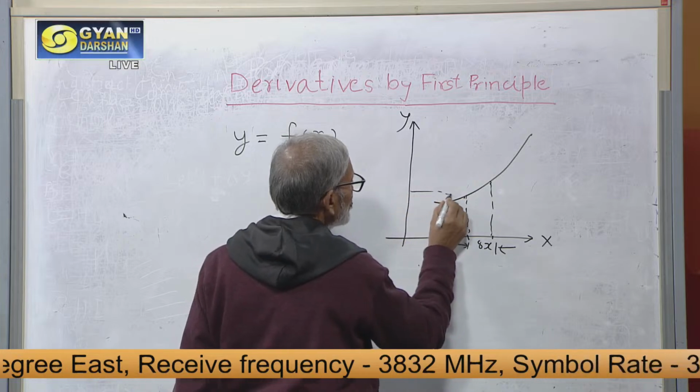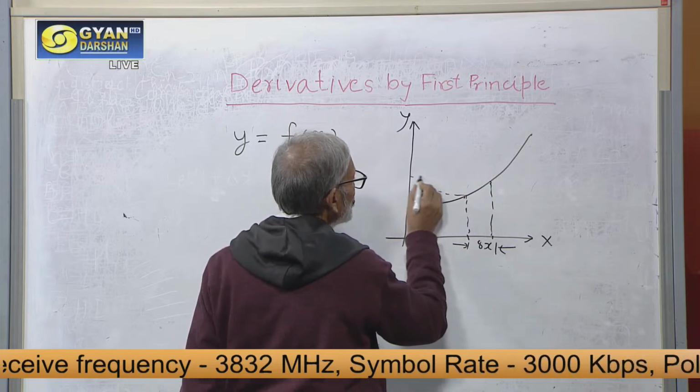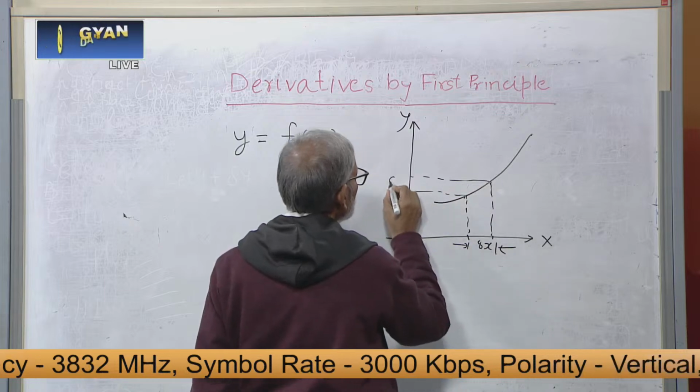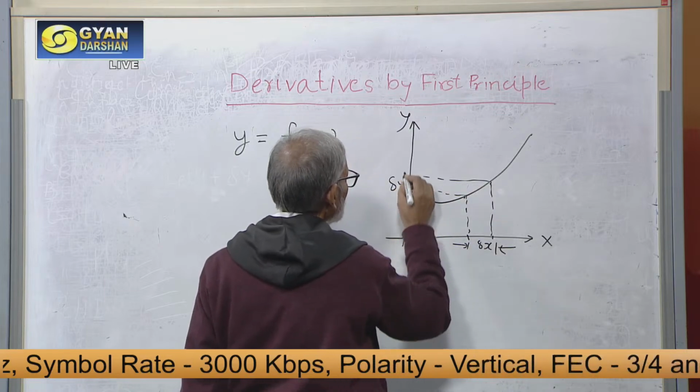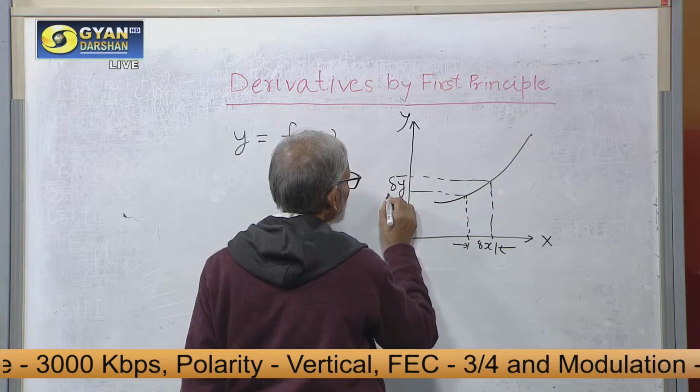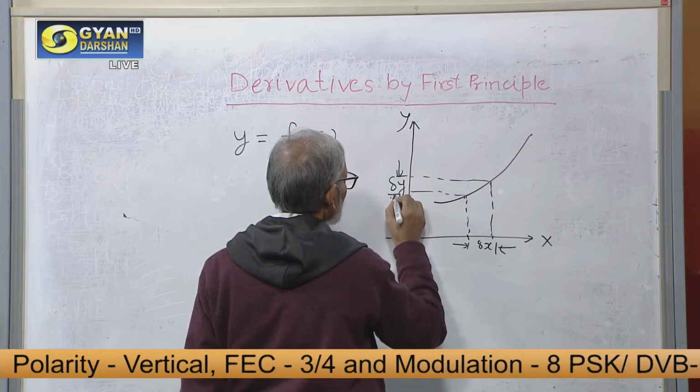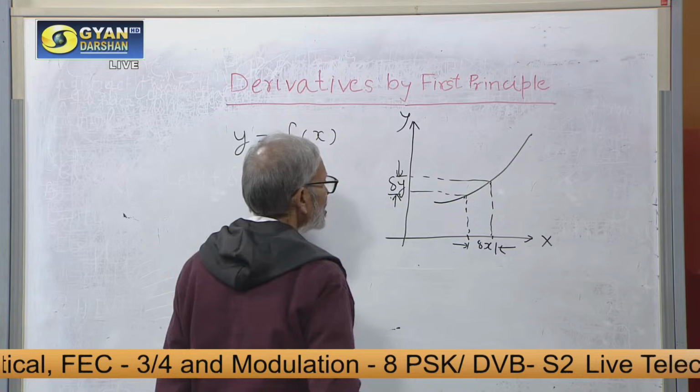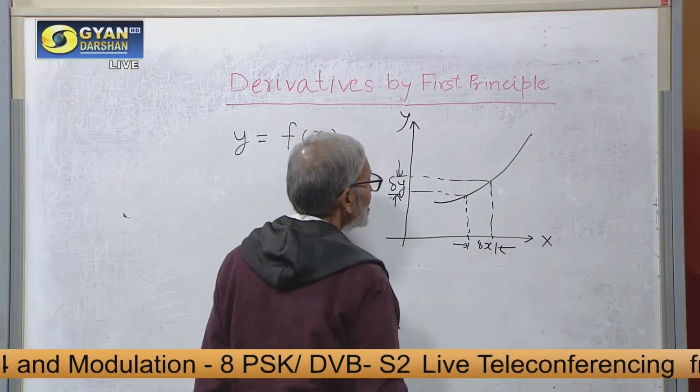We want to know what is the difference in the function. Let us call it delta y, for a small increment delta x.